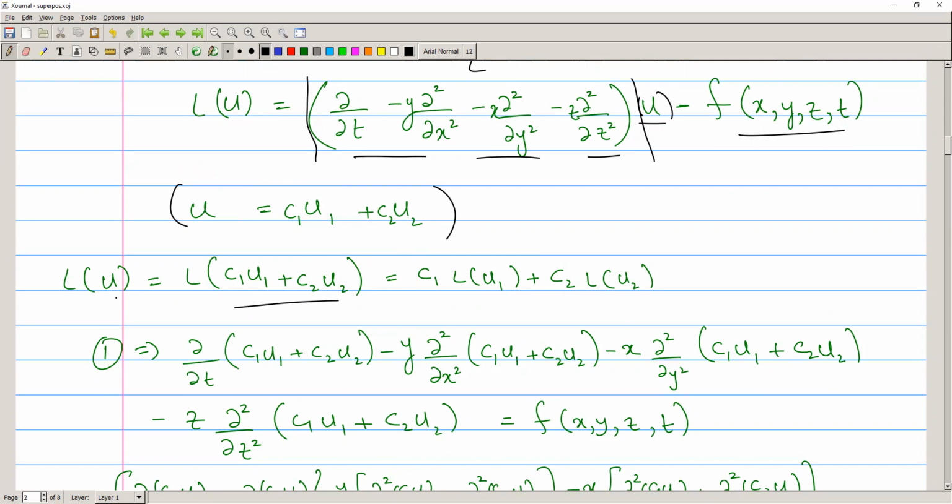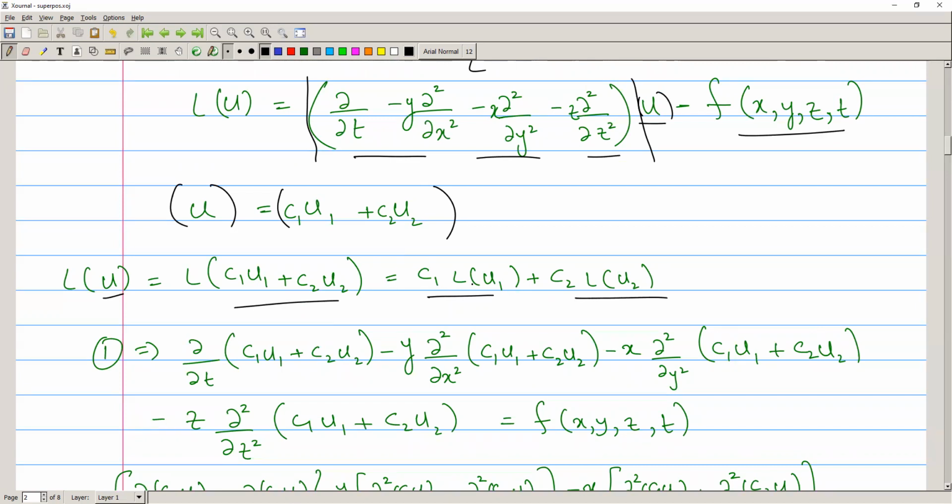So now we will check. This L times U will be equal to L of C1 U1 plus C2 U2, because this U is now equal to C1 U1 plus C2 U2. So we will replace this U with C1 U1 plus C2 U2, and we can write in this form by separating them.